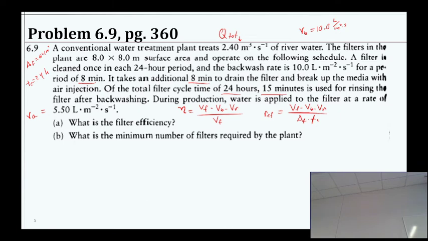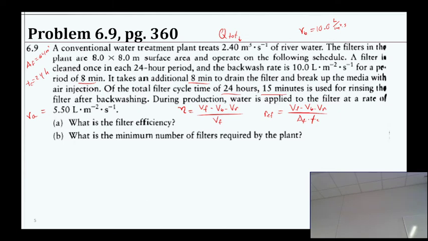We need the time that is spent. We're doing the total filter cycle time minus the minutes that are used. We need time filtered, right?